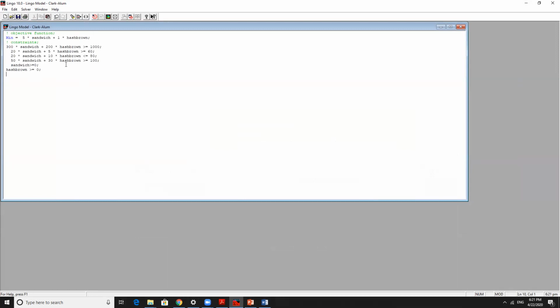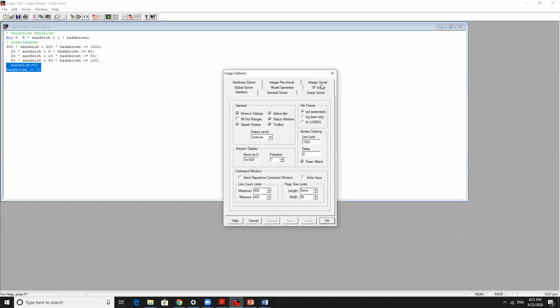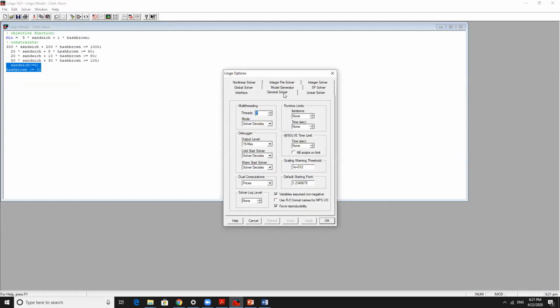On top of that, you don't have to put such constraints for more or equal. You can go to solver, options, and in the general solver tab, you can select this option, which is variables assume non-negative. Again, let me show you.